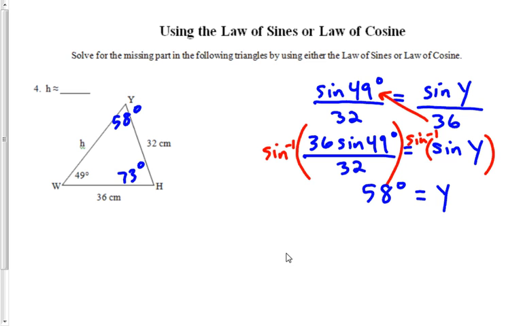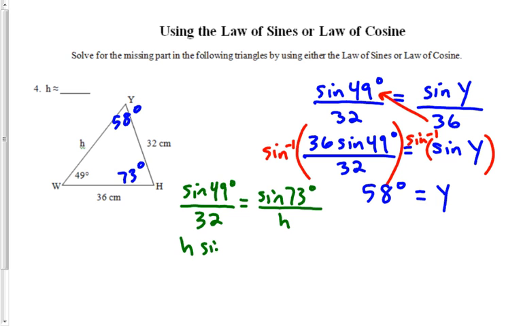So I can set up a new proportion, sine of 49 degrees over 32, that's the ratio I used previously, I can still use it, equals the sine of 73 degrees over side H. Now I can cross multiply. H times the sine of 49 degrees equals 32 times the sine of 73 degrees.